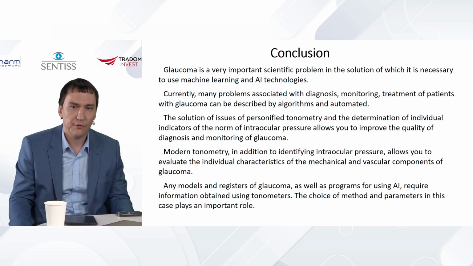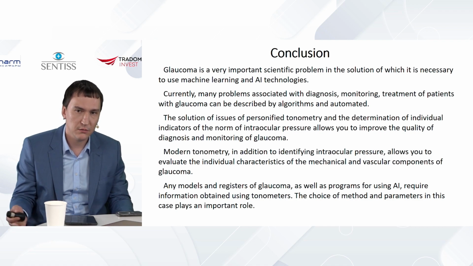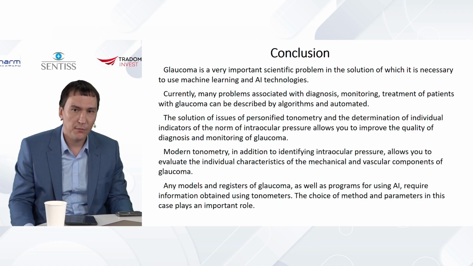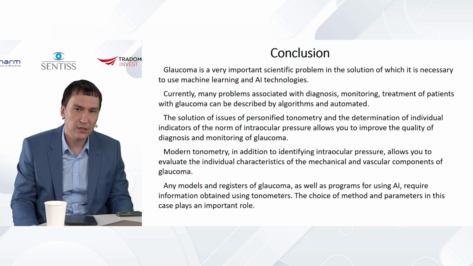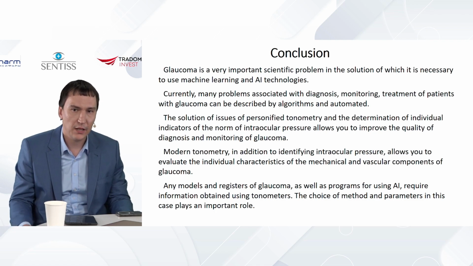And definitely, the choice of method of how to measure IOP plays a critical role, and we have been using for quite a time cornea-compensated pressure as a main parameter in the assessment of patients with glaucoma. In case of radial keratotomy, we use point-based contact tonometry.